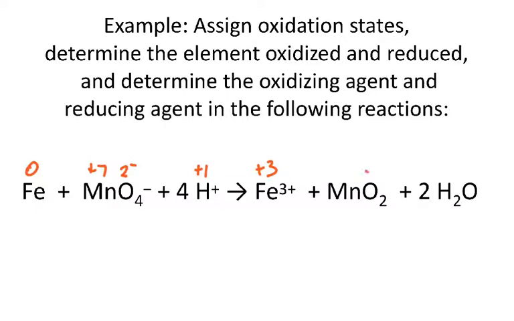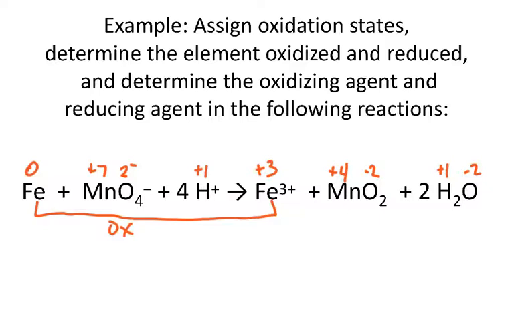Our oxygen is still a -2. Now it's a total of -4, needs to add up to 0, so our manganese is now a +4, and in our water, our oxygen is a -2, our hydrogen is a +1. So you can see the elements that have changed oxidation states are our iron and our manganese. Our iron lost electrons, went to a +3 state, so it is oxidized.